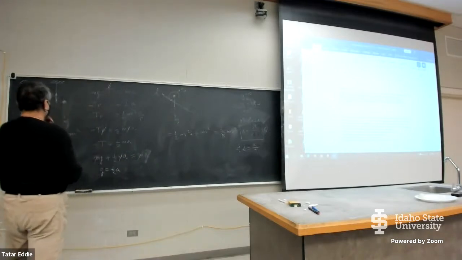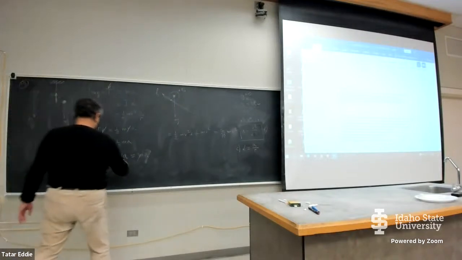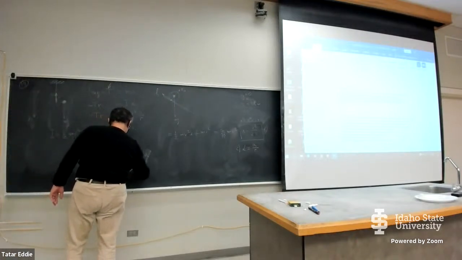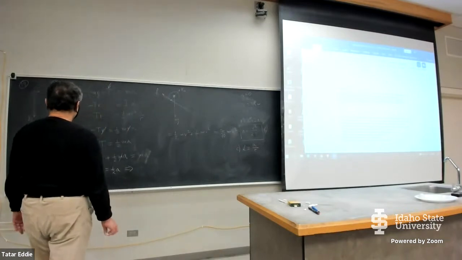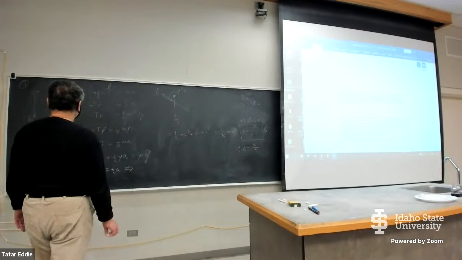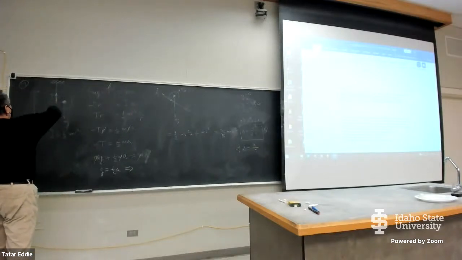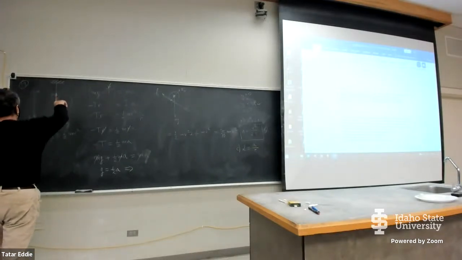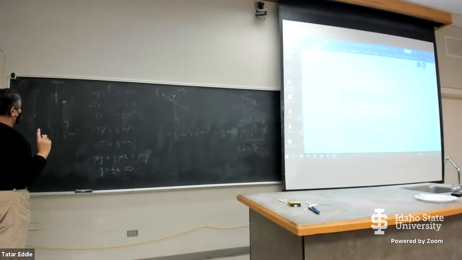Did I make a mistake somewhere? Well, this is what it gets to be. So from here you get that, no, this will not be the case. So my coordinate system was wrongly chosen. If I have rotation this way, this is lifting. So my coordinate system was chosen in a bad way.